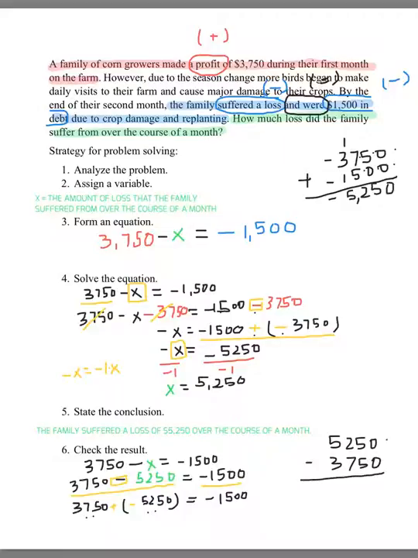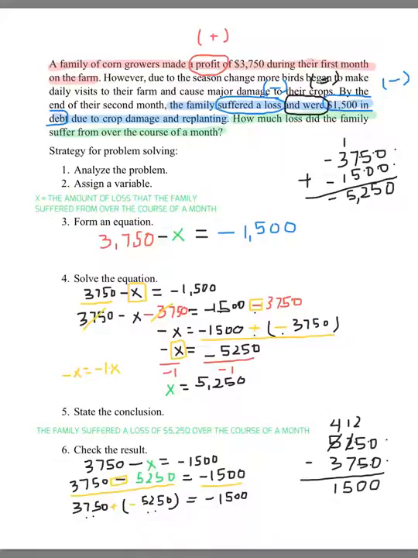And now we'll do 0 minus 0. It's going to give us a 0. 5 minus 5 is also going to give us a 0. 2 minus a 7, we can't do that, so we need to borrow from the 5 next door, which will make that a 4, changing our 2 to a 12. So now we're going to do 12 minus 7, which is 5, and then 4 minus 3, which is 1.